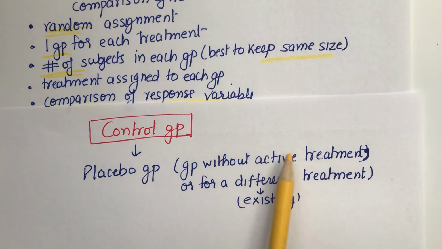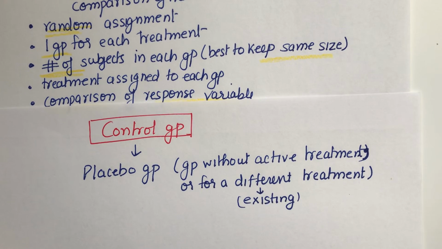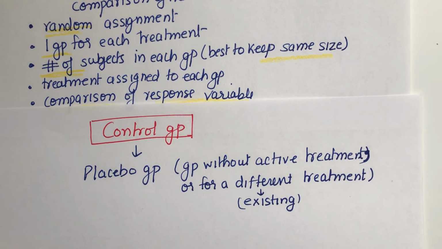Sometimes it may be a comparison without active treatment, or sometimes a drug is already on the market for a specific disease and they invented a new drug and want to compare whether the new drug is better than the existing one. The existing drug could be the control group, and the other group will have the new drug.